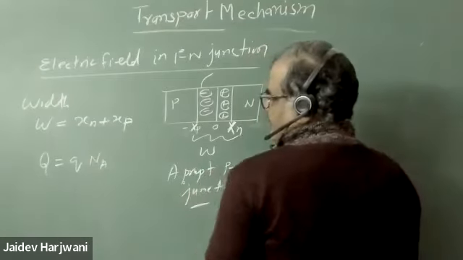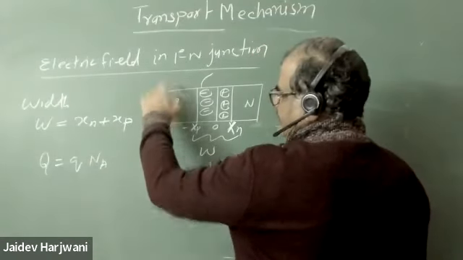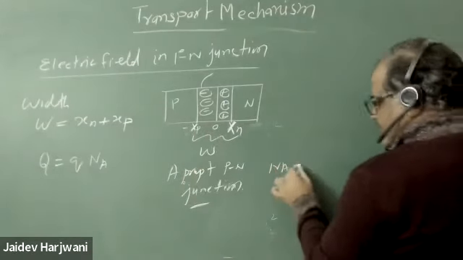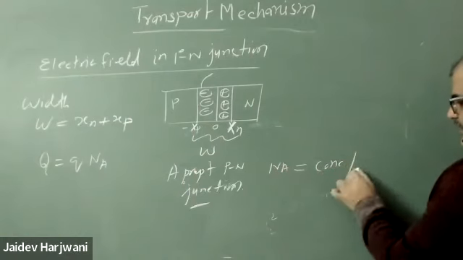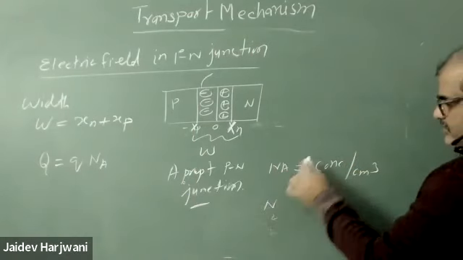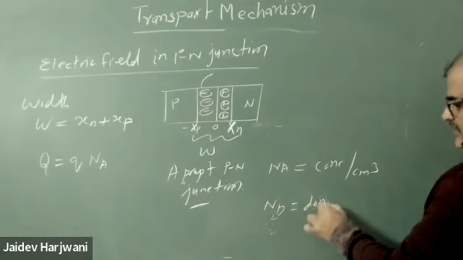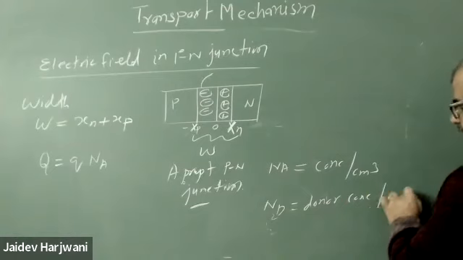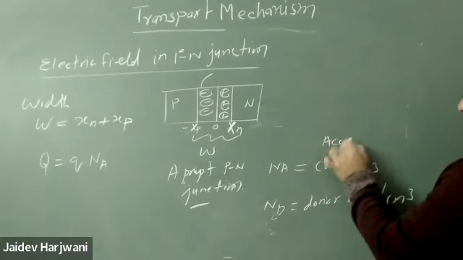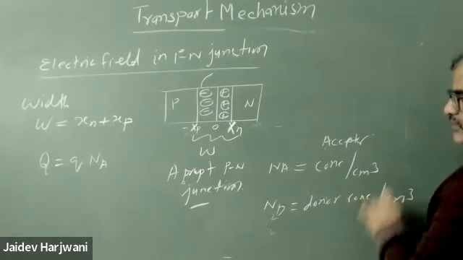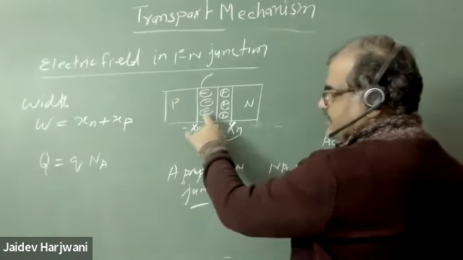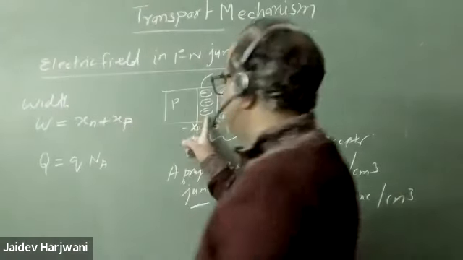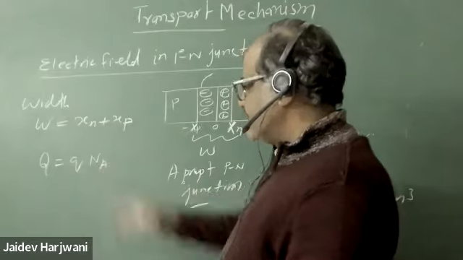Na is the acceptor concentration per centimeter cube, and Nd is the donor concentration per centimeter cube. To know how many charges are present, I should know the concentration of acceptors and donors. So here the concentration is Na, charge per centimeter cube.